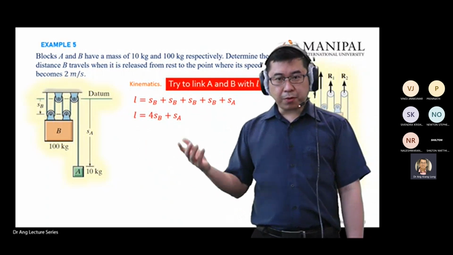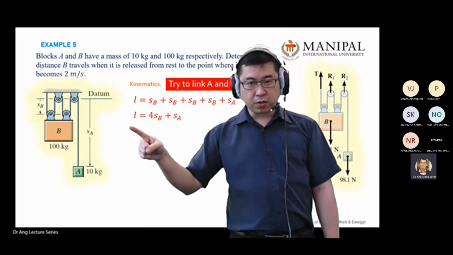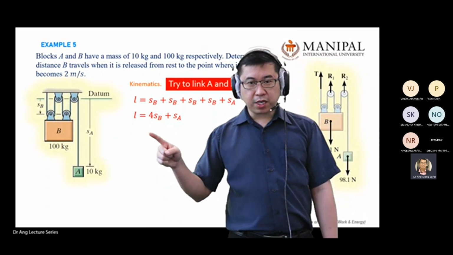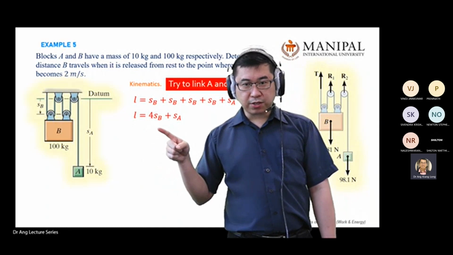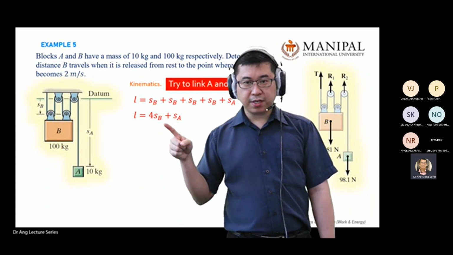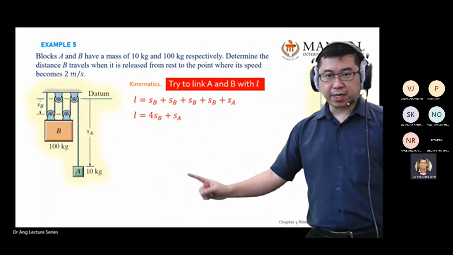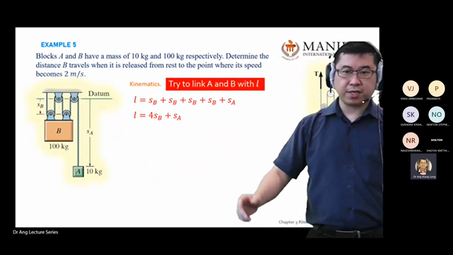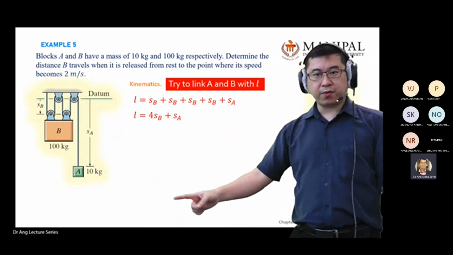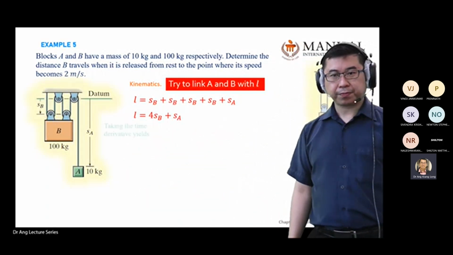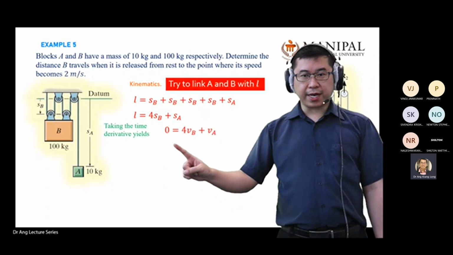And you differentiate one more time, you get acceleration. So 0 equals 4 acceleration B plus acceleration A. This we already covered in the previous chapter 2 or even chapter 1 when we talked about pulley systems.